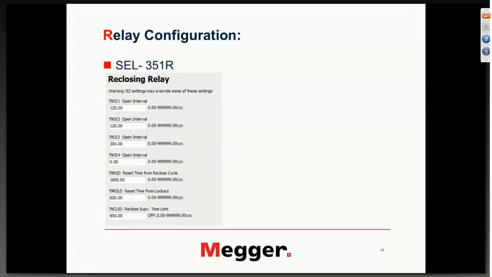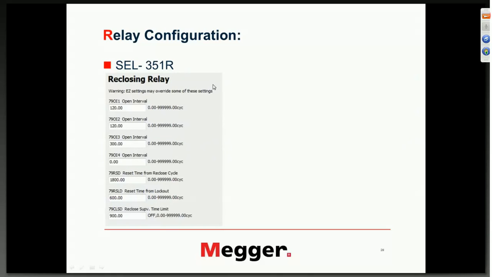So if I talk to you about the settings of the relay, in a typical case I have chosen the SEL 351R. I'm guessing most probably the Cooper relays and other auto recloser relays will also have the same settings in there. So first of all, you need to make sure that the element is enabled.